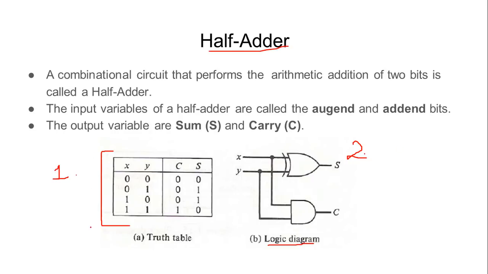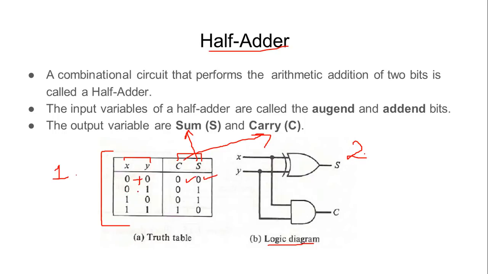So let's understand how the truth table works in case of half adder. x and y are the two input variables, and C and S are the two output variables. C here stands for the carry and S is for the sum. So whenever 0 is added to 0, 0 will be the sum and 0 will be the carry.